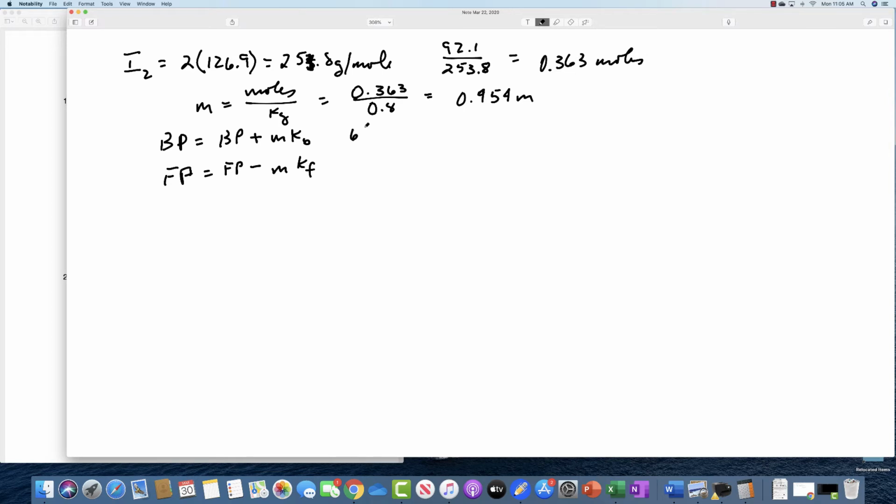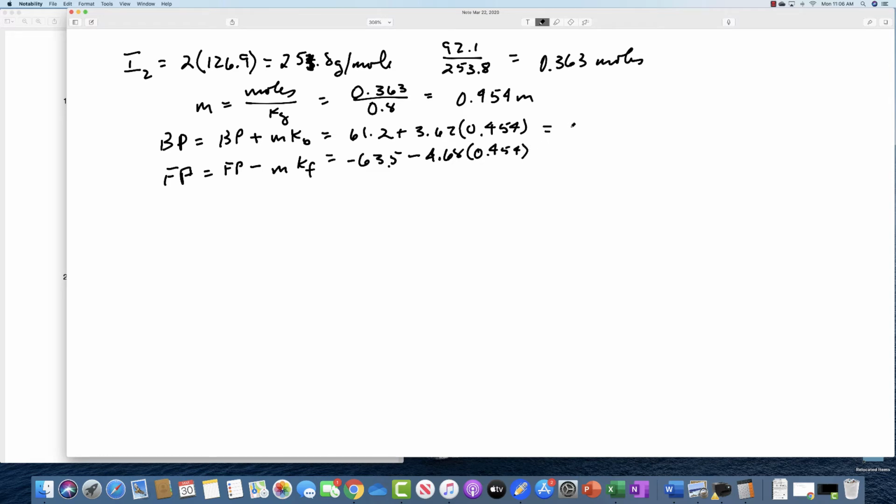So in this case, it's 61.2 plus 3.62 times 0.454. And in this side, it's going to be minus 63.5. And remember, when you add stuff, it depresses the freezing point, so it's minus 4.68 times 0.454.